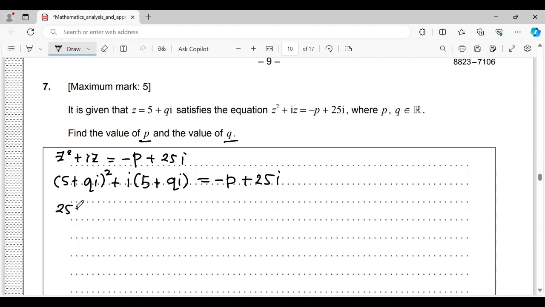It becomes 25 plus 10qi, and then this i squared is minus q squared, and then plus 5i minus q, because i times i equals minus 1, minus p plus 25i. I will separate first real and imaginary.